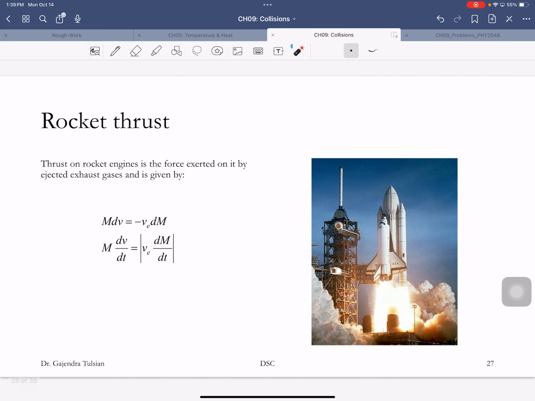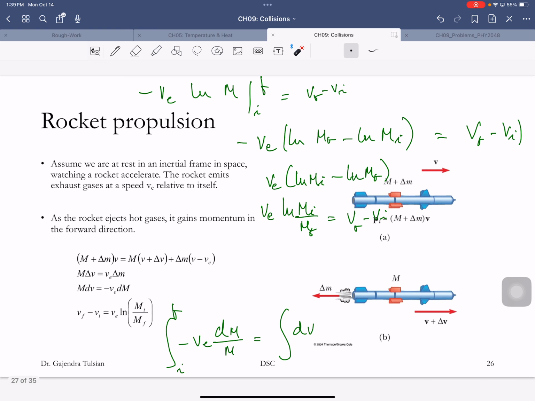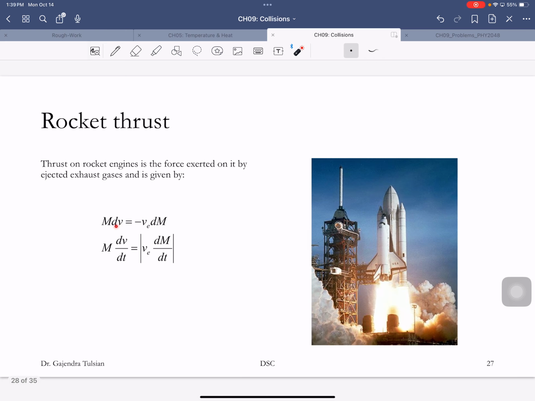All right, here's another equation we can come up with. This is that equation, M dV equal to that. Again, these apply in deep space. Minus V dm, and then divide by dt. So that's mass times acceleration, and that's the thrust.